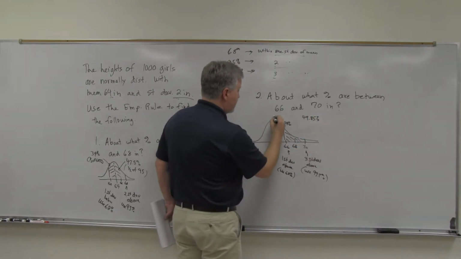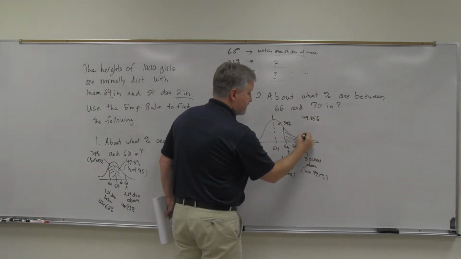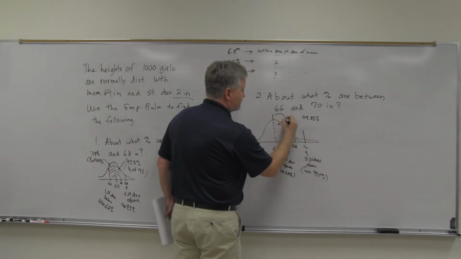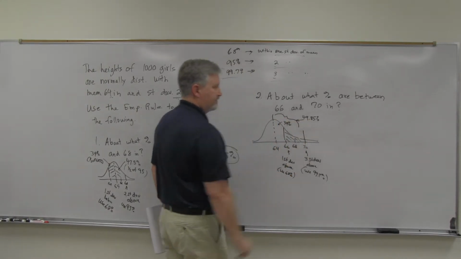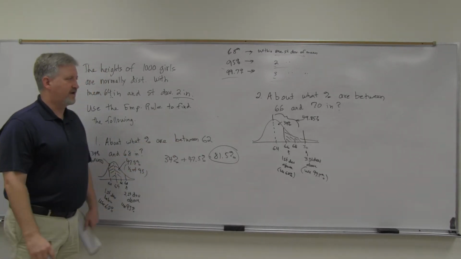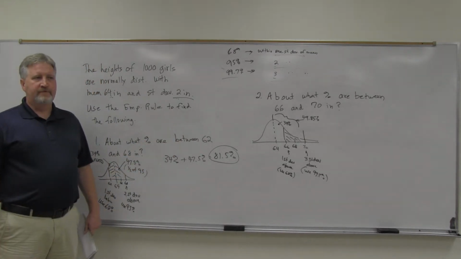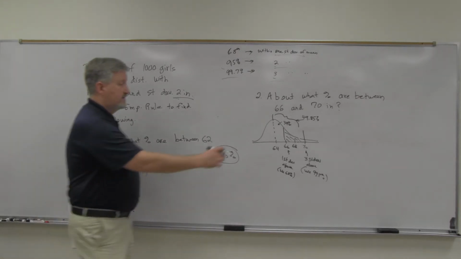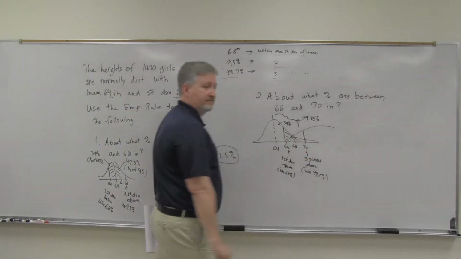What does that give me? Well, that gives me from here to here, 49.85. I know it's kind of messy in this particular case, but do you see how I get that then?